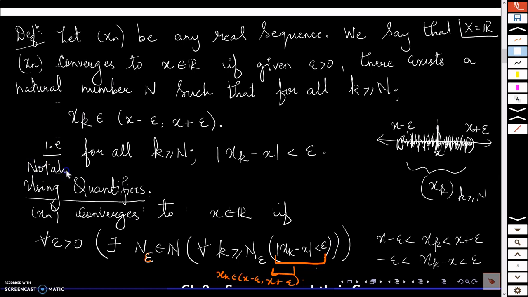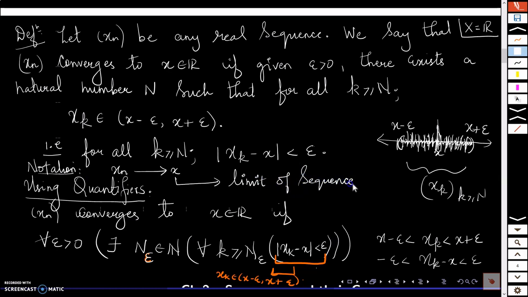Notation. So it is denoted by xn converges to x, and it is read as xn converges to x, with the arrow here. Okay, so this is the sequence, and this is the point to which it converges, and this point is called the limit of the sequence.